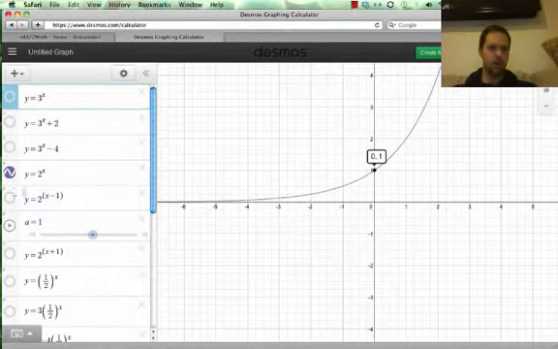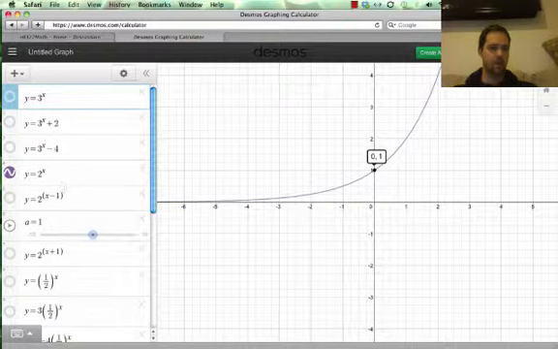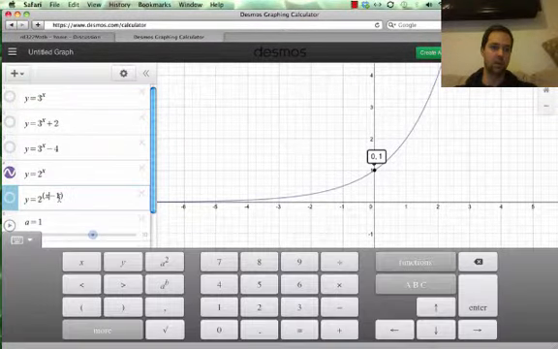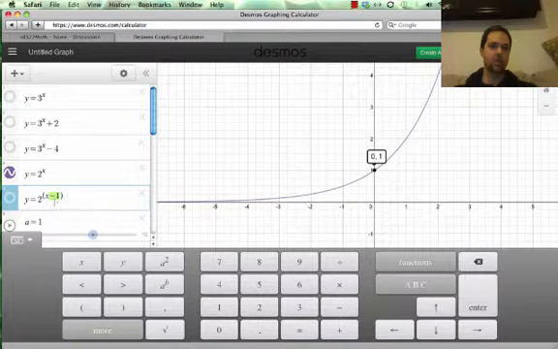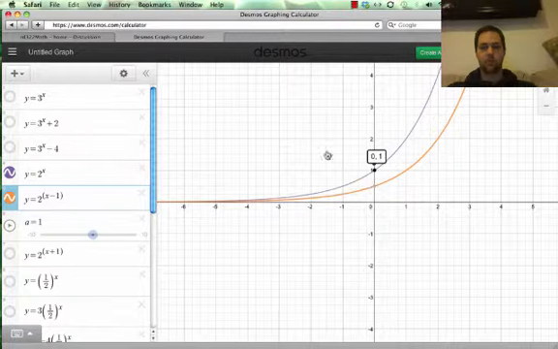Start with y equals 2 to the power of x, and we have our regular y-intercept of 0 and 1. Let's see what happens when we make an h value of 1. Now be careful, the h value here is not -1, it's +1, because in the formula it says x minus h. So whatever comes after the minus, that's our h value, and here it is +1.